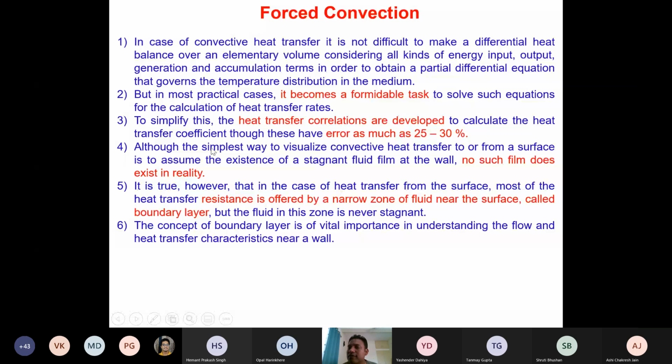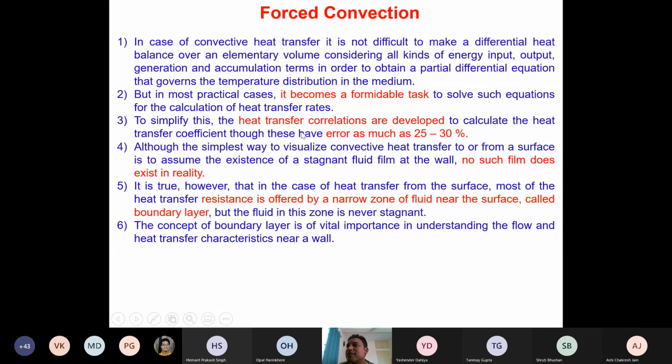So what are these correlations? These correlations are based on experimental data. They have performed several experiments over a large range of variation in the parameters, and based on that they have obtained the correlations.